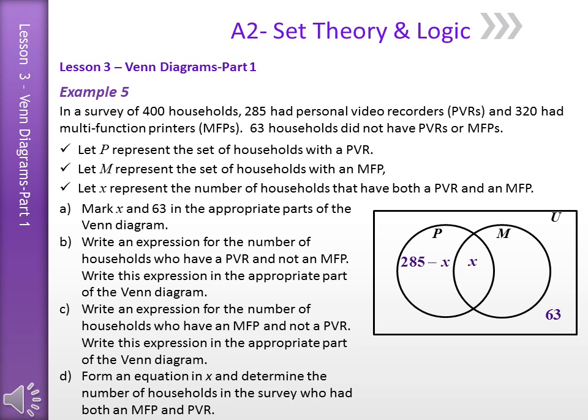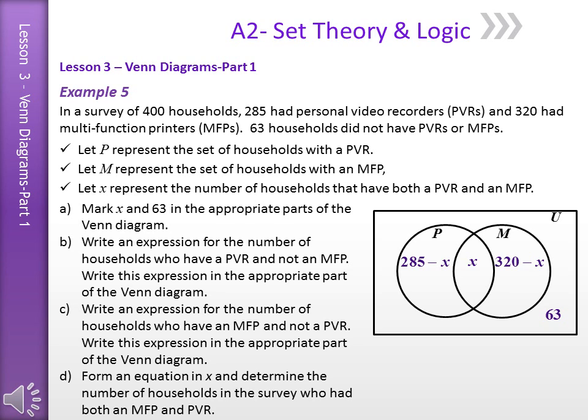Similarly, for part C, we're going to do the same thing for M. We know there's 320 households that have the multifunction printer. X have already been accounted for, so the expression will be 320 minus X. Now we still need to know what the exact numbers are for just P, the overlap, and for those houses that just have the printers.